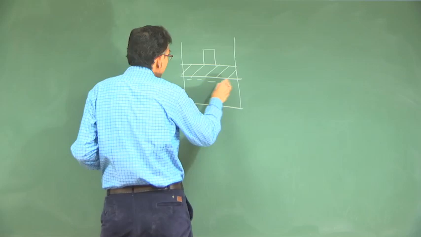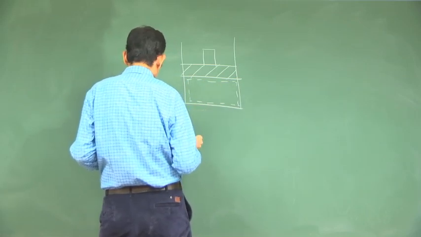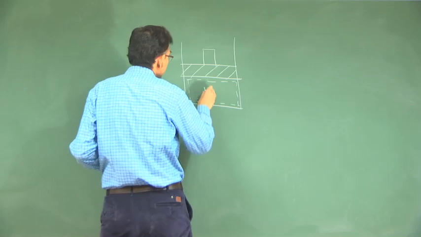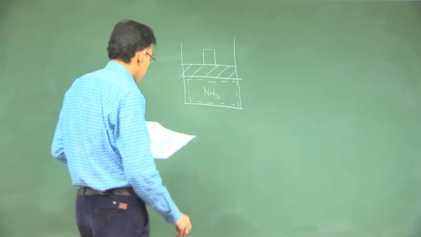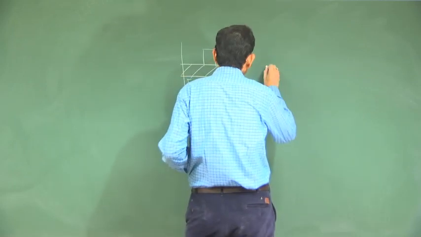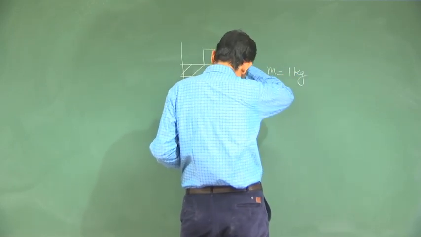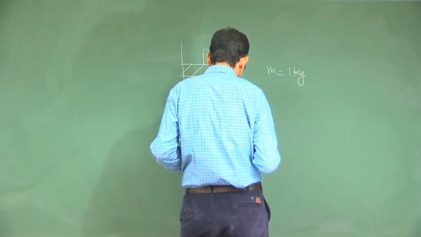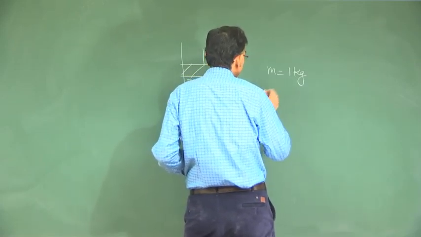The system is ammonia, mass is 1 kg, at 50 degree centigrade and 1000 kilopascal.